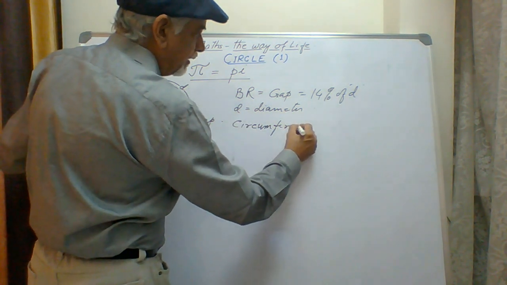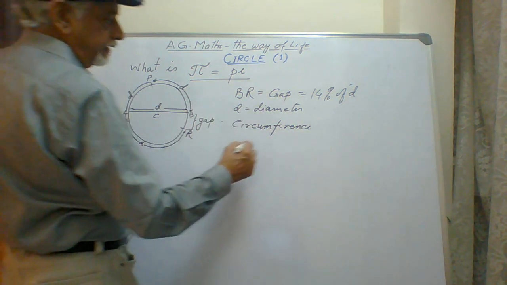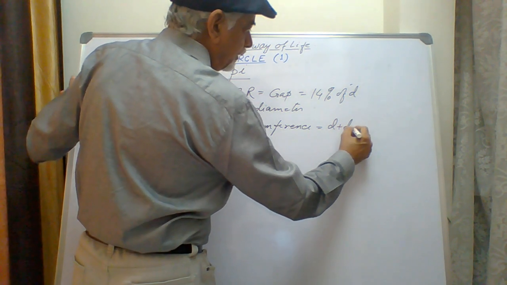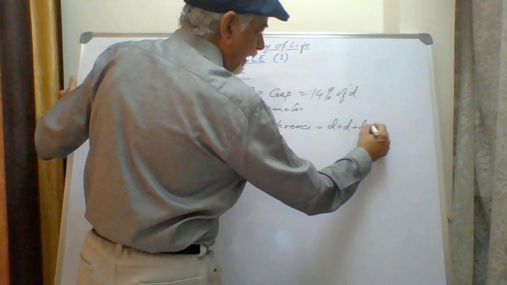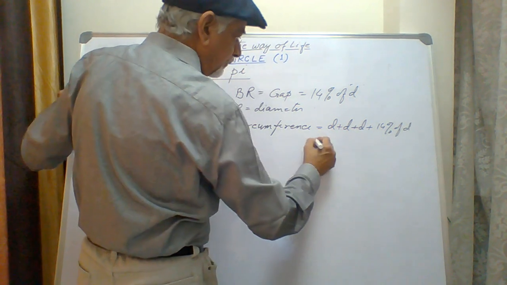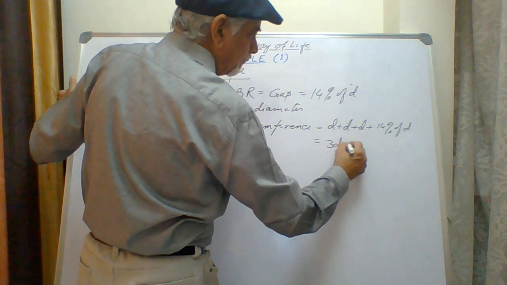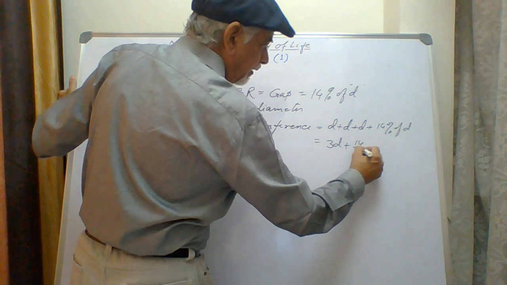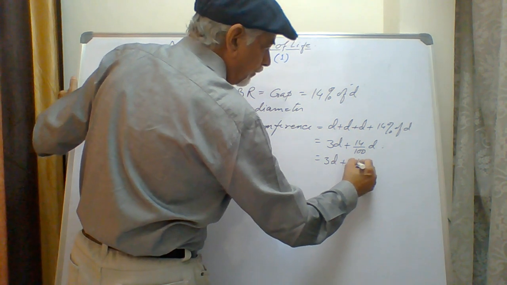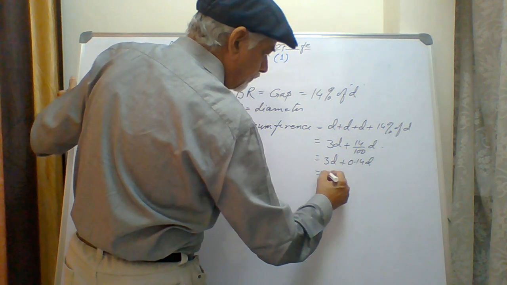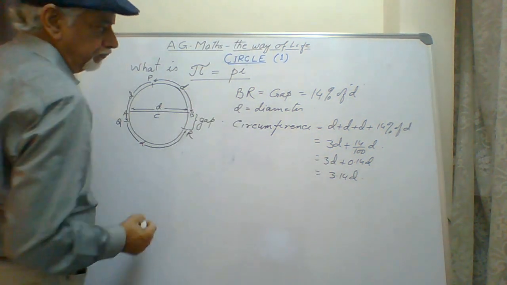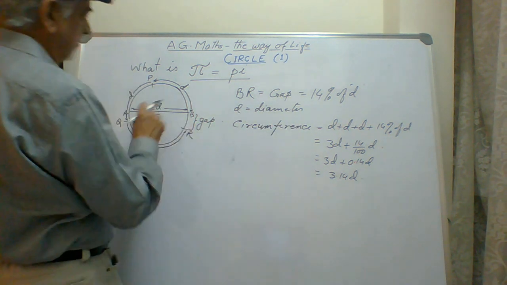If you make a fence around the circle, it is called the circumference, which is equal to 1D plus 1D plus 1D and 14% of D. So this is 3D plus 14 over 100 of D, which can also be said as 3D plus 0.14 of D. If you take D common, it is 3.14 times D.